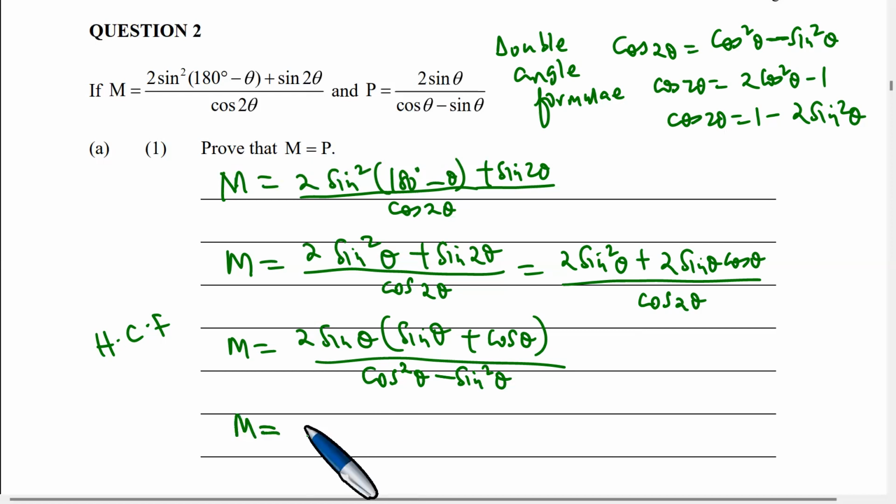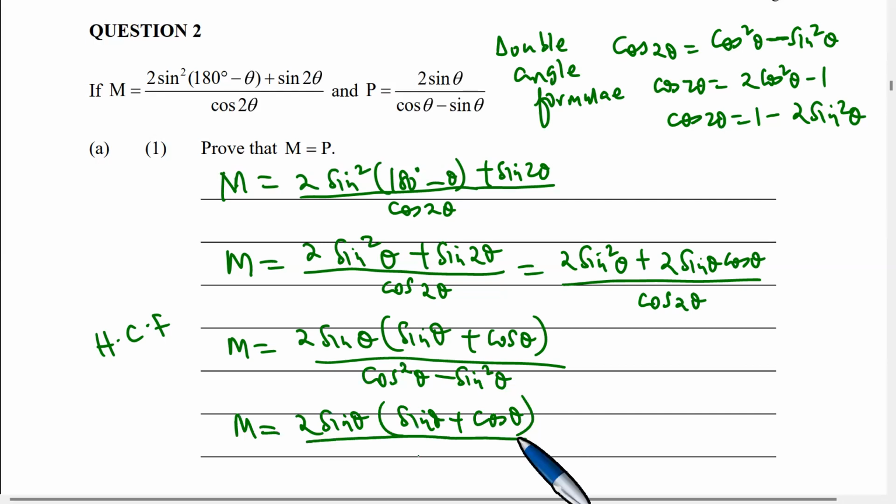And this is M equals 2 sine theta times (sine theta plus cosine theta), over (cosine theta minus sine theta) times (cosine theta plus sine theta). What is all this?